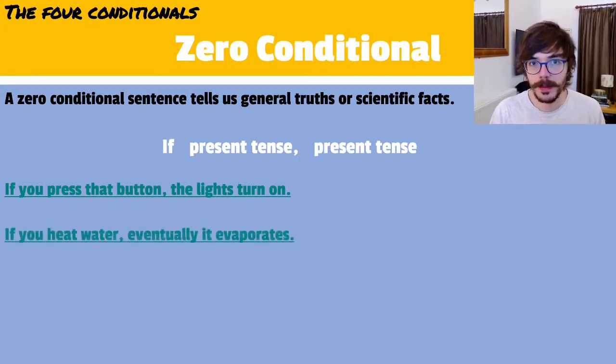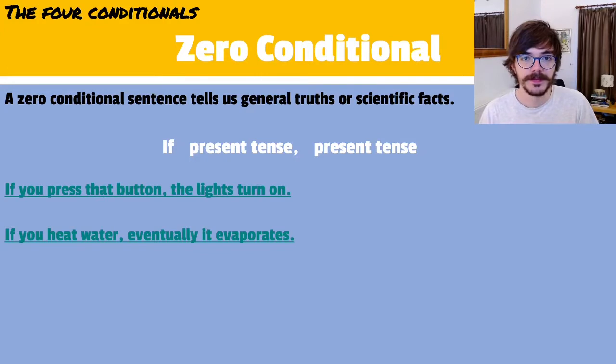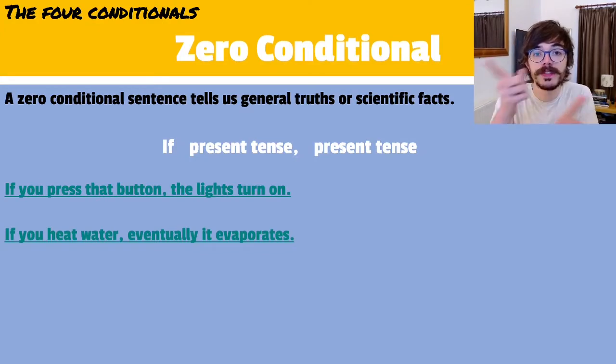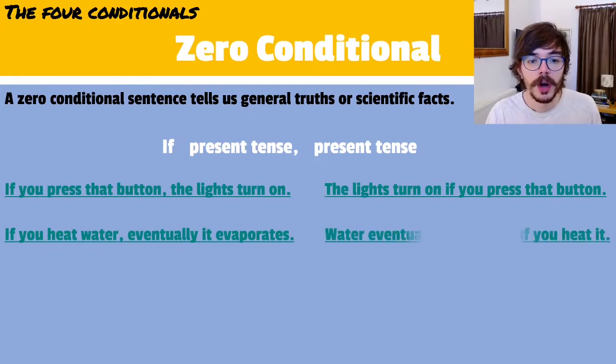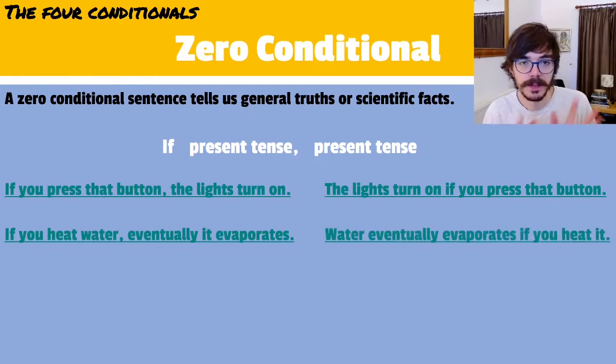Now, another example is if you heat water, eventually it evaporates. And this is true. This happens every time. If we heat water, it evaporates. Now, we can also obviously reverse these sentences and say the other way. So, the lights turn on if you press the button, or water eventually evaporates if you heat it. And the meaning's the same.